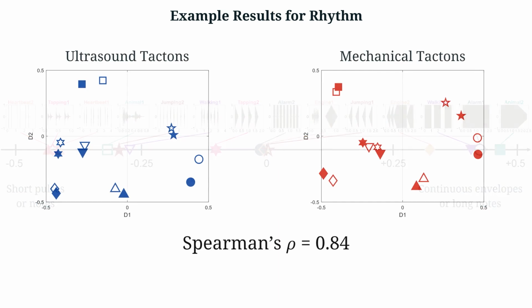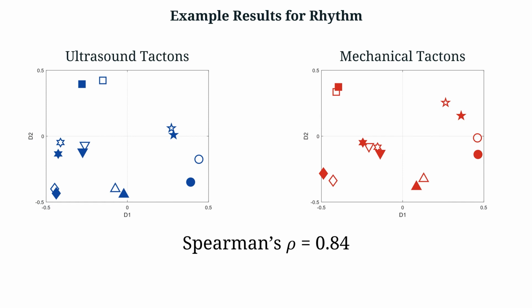Moreover, the tacton set varied by rhythm showed the highest correlation between the dissimilarities of ultrasound and mechanical tactons, suggesting rhythm as a key parameter for creating distinguishable tactons in both contact-based and contactless technologies.